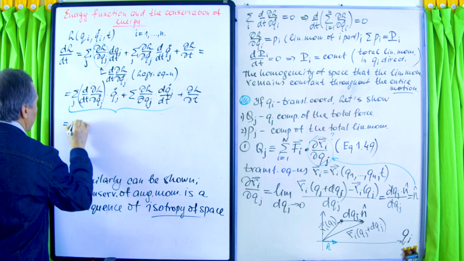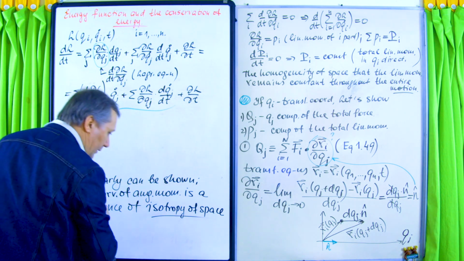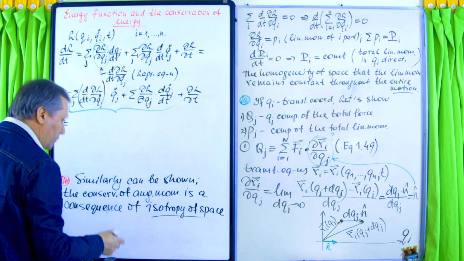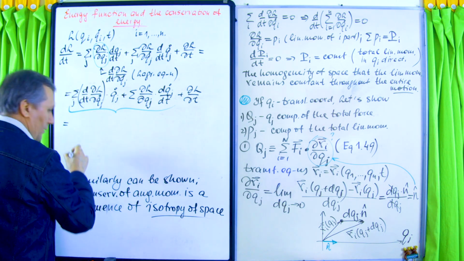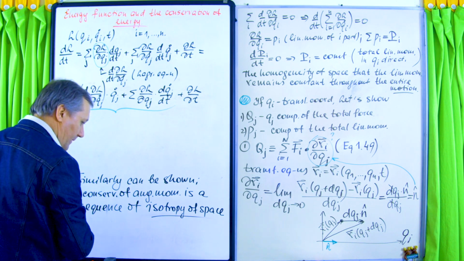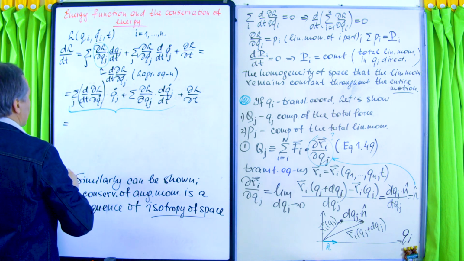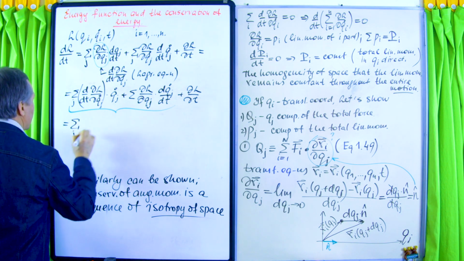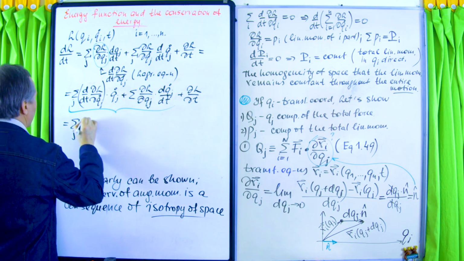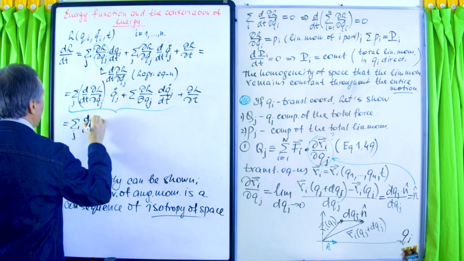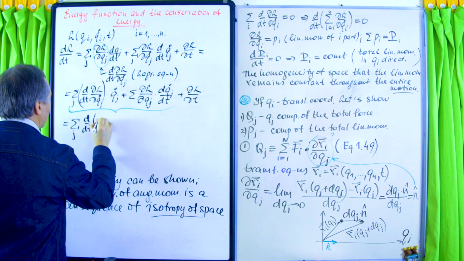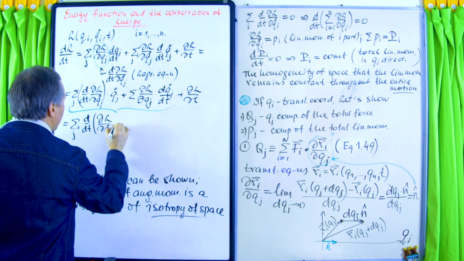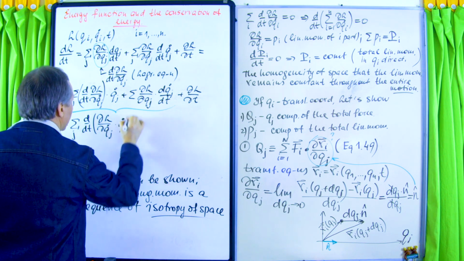So we can write it as, let me take the summation sign outside. It's not a big deal, right? Summation j, and so it will be d over dt, and the product of dl over dqj dot times qj dot.